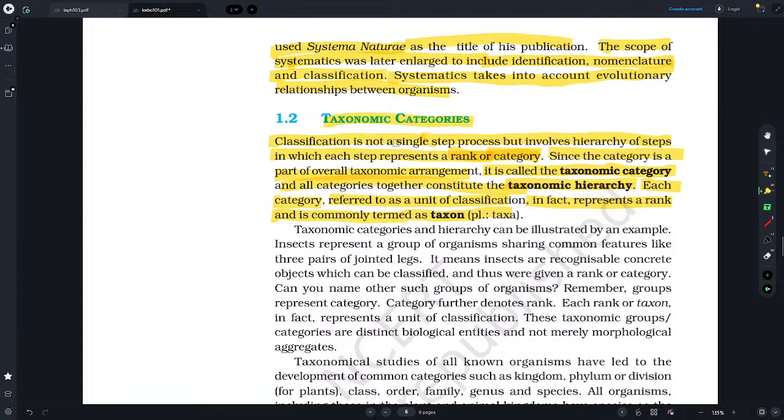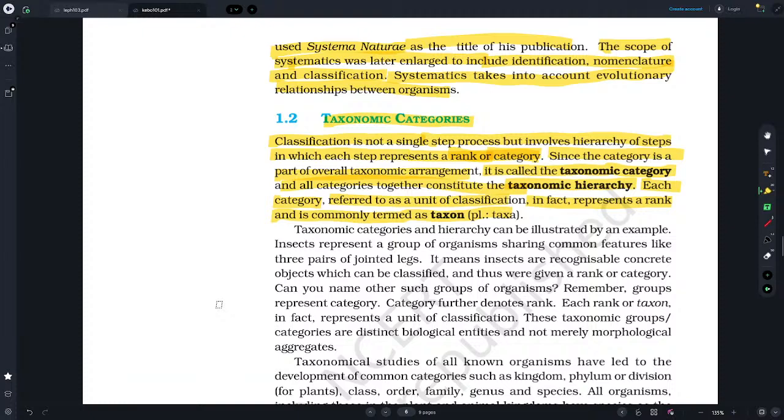Classification is not a single step process but involves hierarchy of steps in which each step represents a rank or category. Since the category is a part of overall taxonomic arrangement, it is called taxonomic category. The rank or category which we see is called the taxonomic category, and when all the categories are grouped together, that is what we call the taxonomic hierarchy.